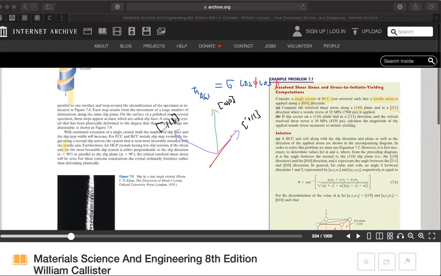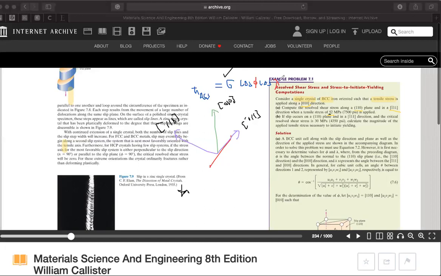Now, he wants you to compute the resolved shear stress. From the equation, he told you sigma is 52 megapascal. And now we need to find phi and lambda.